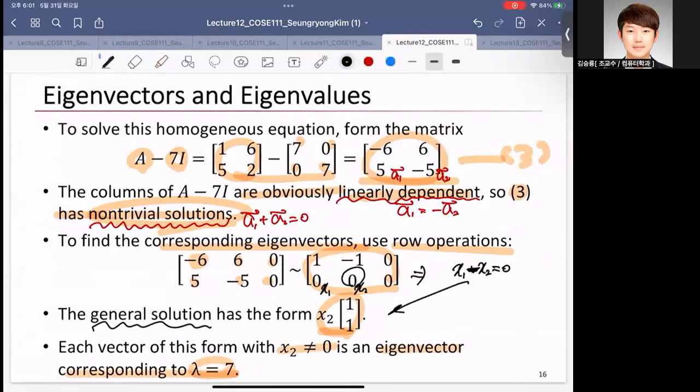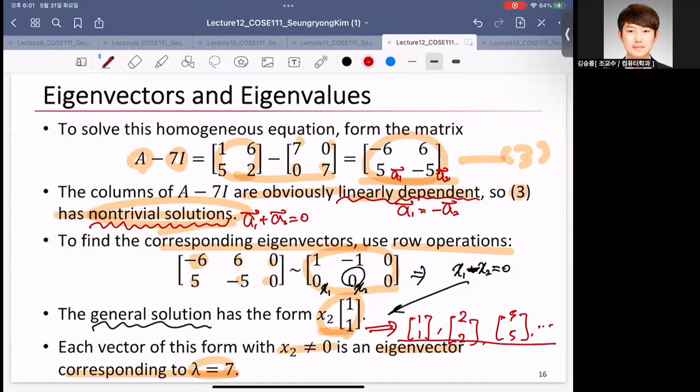So in other words, eigenvectors corresponding to lambda equal to 2 can be x2 times (1, 1), for example just (1, 1) if x2 is equal to 1, or (2, 2), or (5, 5), and so on.